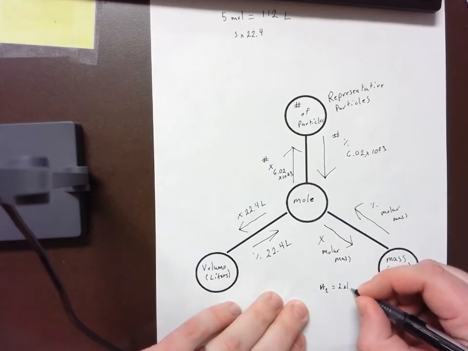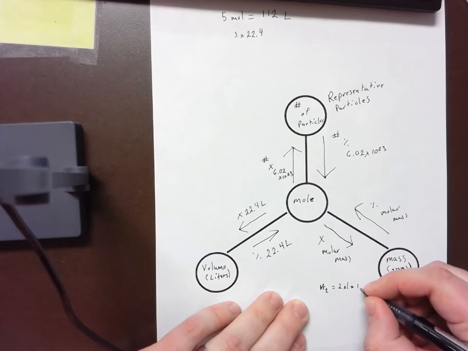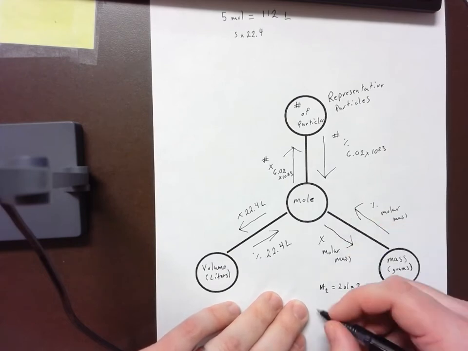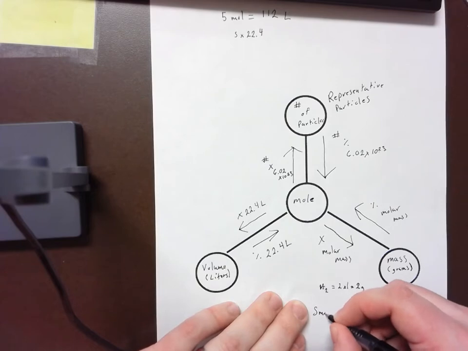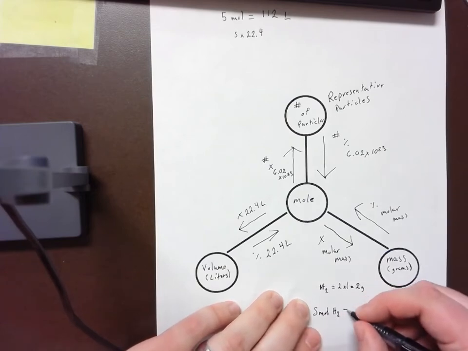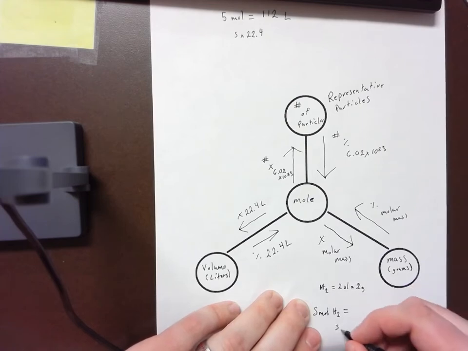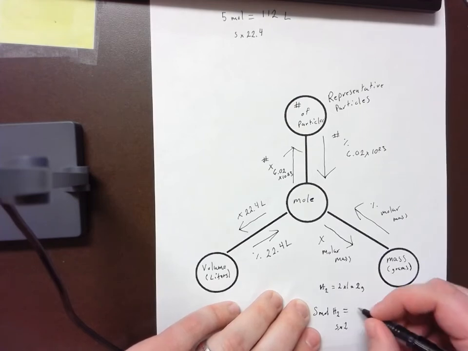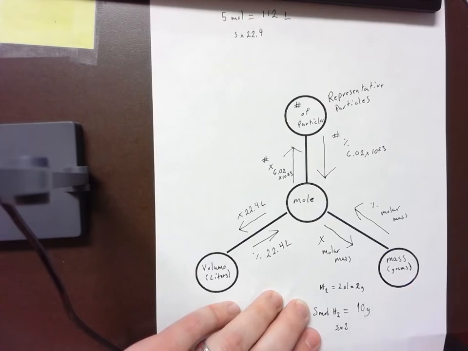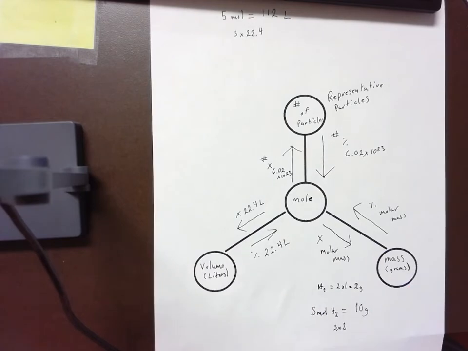So our molar mass is 2 grams. Say we have 5 moles of H2, that equals 5 times 2. So we have 10 grams of hydrogen in that case. So volume goes up here, and then representative particles, you always multiply those by the bigger one.